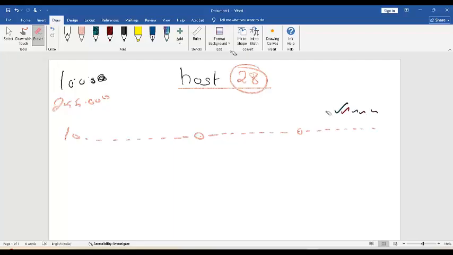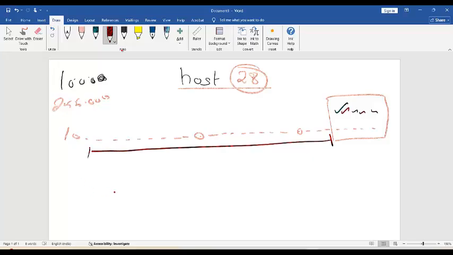All right, now I have found that I need 5 bits for the host, which means I can use the rest for networking. I can use all these bits: 8 bits, here another 8 bits, and here another 3 bits.